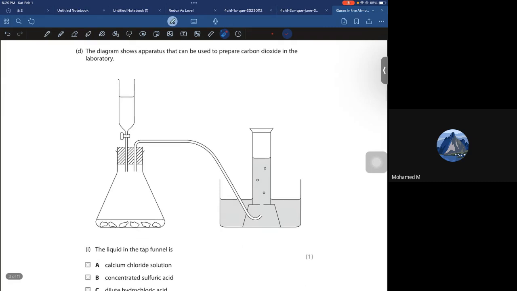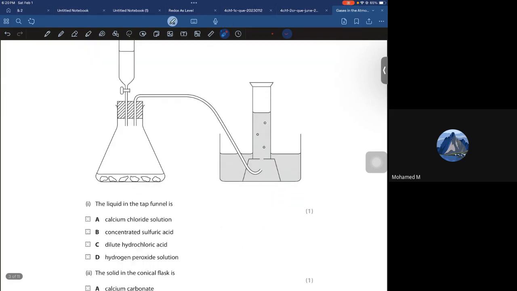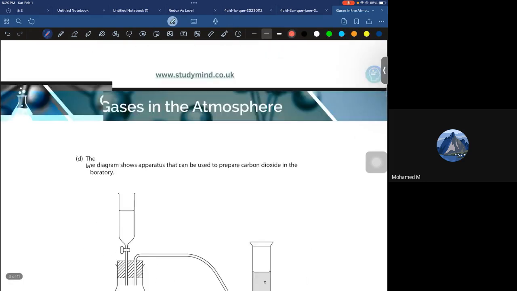Okay, basically, you have to prepare carbon dioxide. Carbon dioxide is always released from the carbonate, and carbonate reacts with an acid. Remember, carbonate reacts with an acid. So ultimately there would be hydrochloric acid.